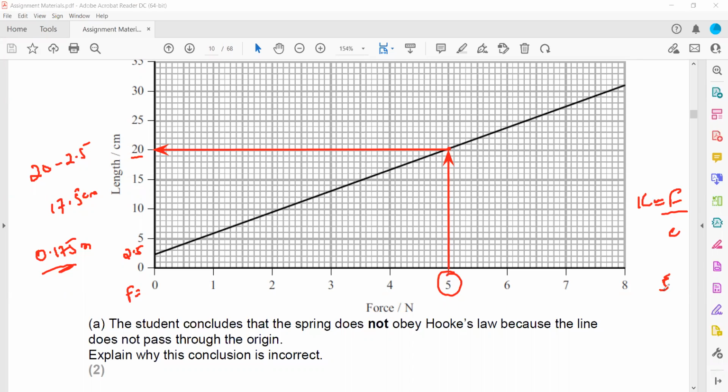So F is 5 and extension is 0.17, so 5 divided by 0.17 is equal to 28.5. The spring constant for this spring is 28.5.